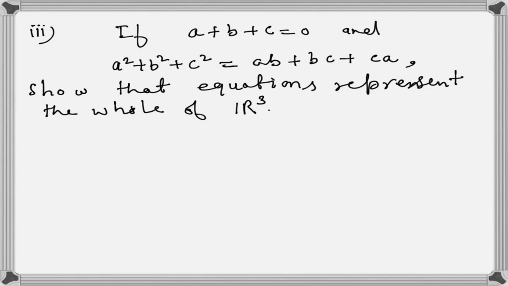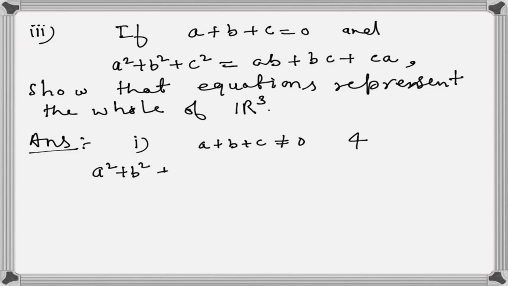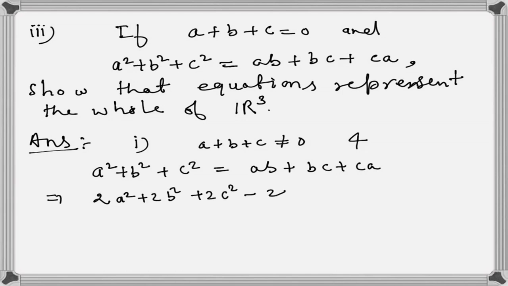Okay, so let's solve this problem. The part 1. Here A plus B plus C is not equals to 0 and A square plus B square plus C square is equals to AB plus BC plus CA. So this simply means that 2A square plus 2B square plus 2C square minus 2AB minus 2BC minus 2CA is 0.